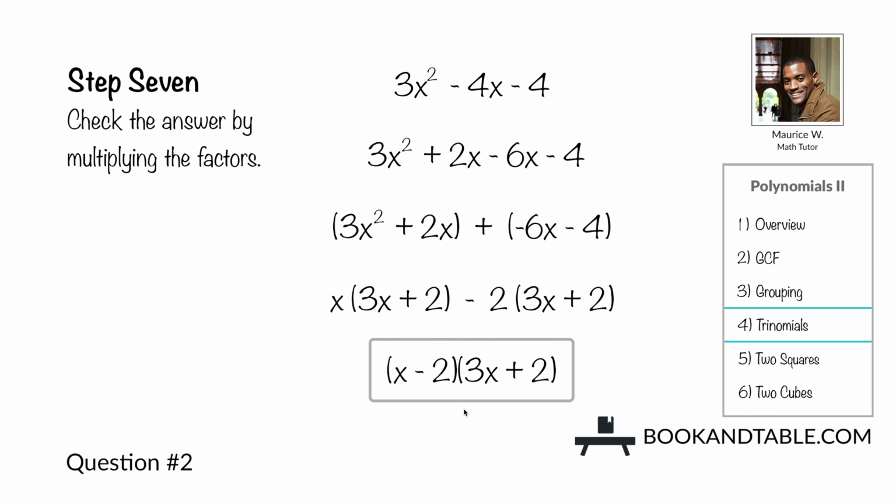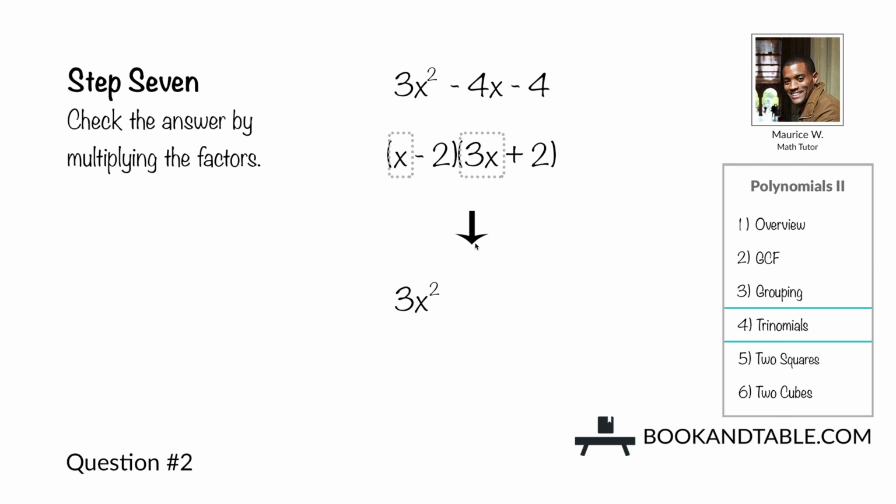And now we want to check the answer by multiplying the factors to confirm that the final polynomial that we get matches the original polynomial. So we have x times 3x, which is 3x squared, x times 2, which is 2x, negative 2 times 3x is negative 6x, 2x minus 6x is negative 4x, and negative 2 times positive 2 is negative 4.